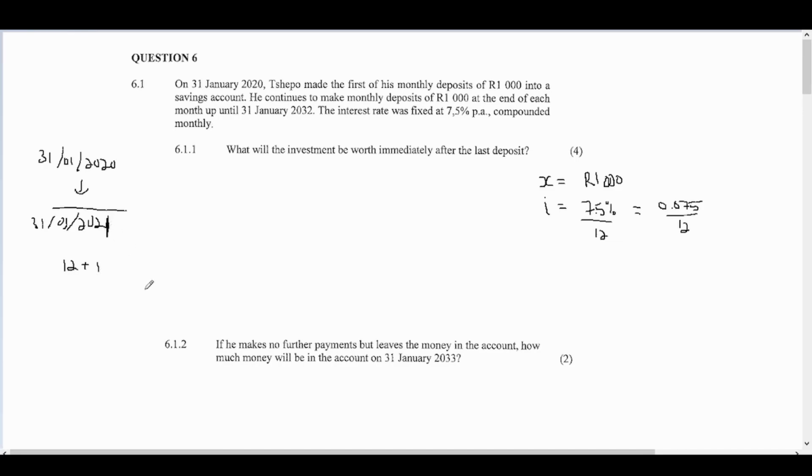And if we did the same thing, but going this time to 2022, it will be all the months of 2020 and 2021, which is 2 times 12, plus the first month of January. So this becomes 24 plus 1 equals 25. That's going from 2020 to 2022.